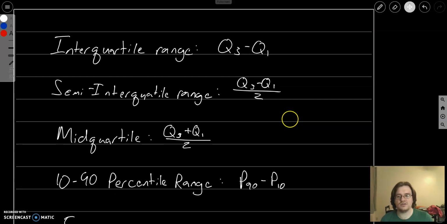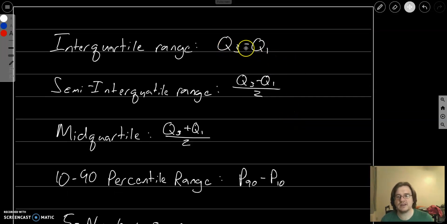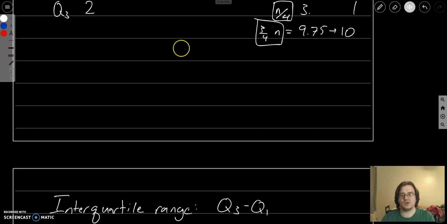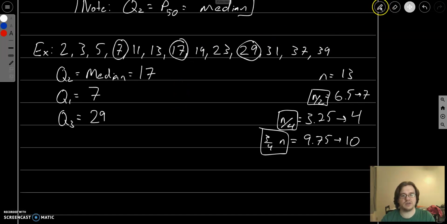There are a few common numbers that we can find. So the interquartile range is going to be the distance from the first quartile to the third quartile. So it's the distance from, say, 7 to 29 here.